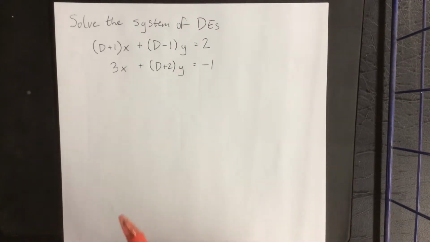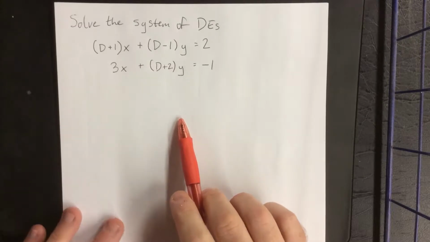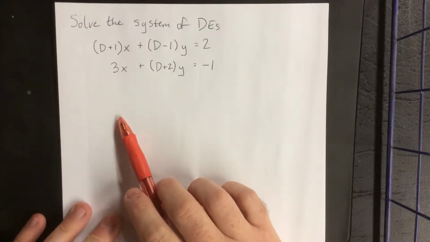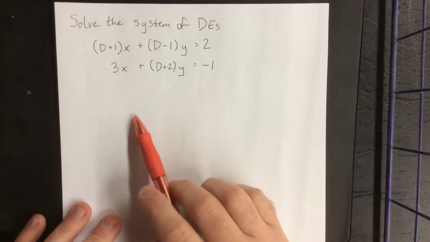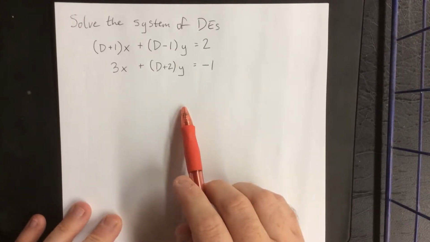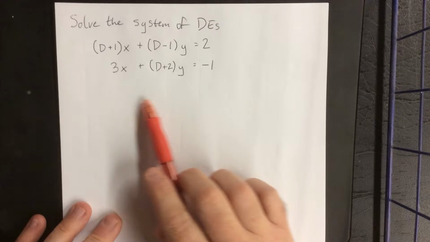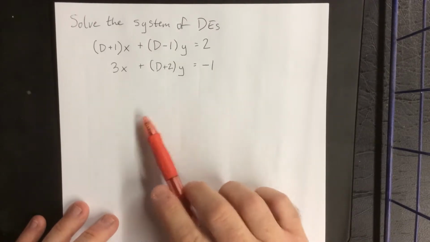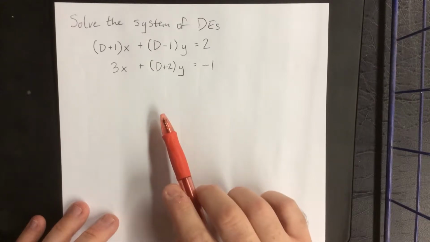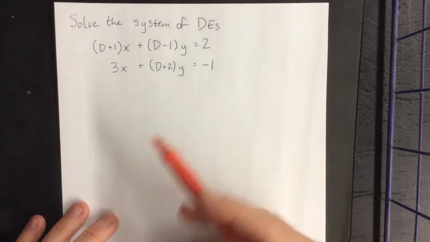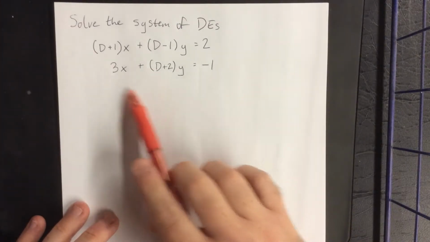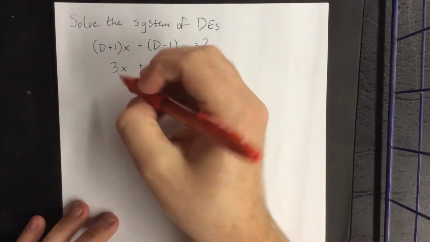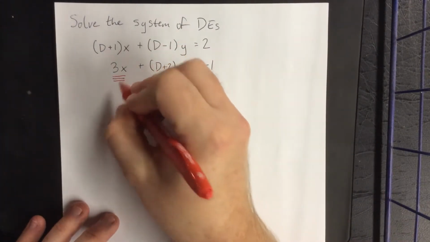So, with that in mind, first decision that we get to make, if we are going to solve this system of differential equations using elimination, is whether we'd like to eliminate the x variable or eliminate the y variable. Now, that elimination also helps us decide which one of these functions we're going to be solving for first. Out of all of these variables listed up here, the one that stands out to me the most is the 3x.